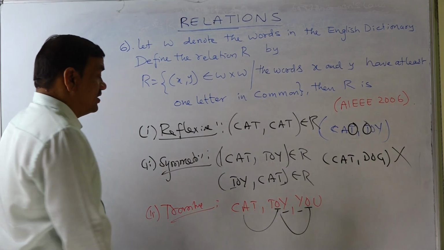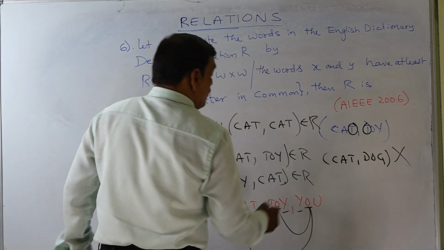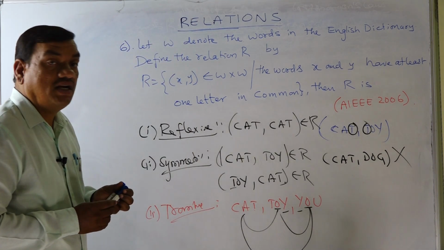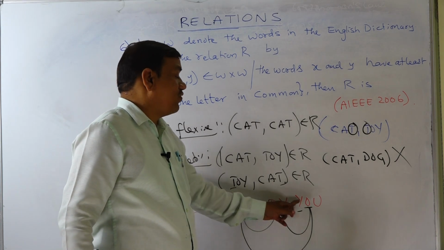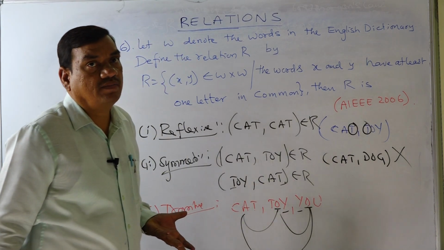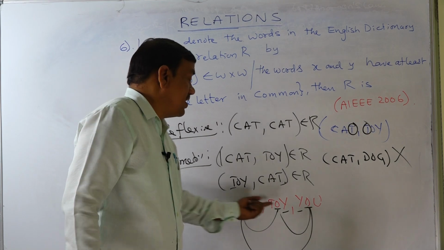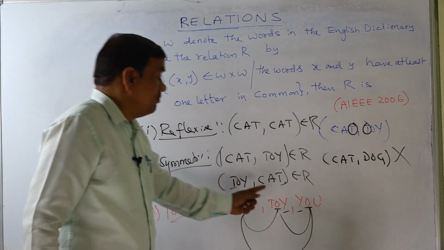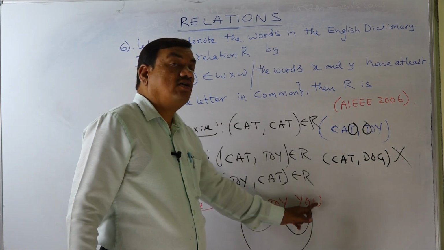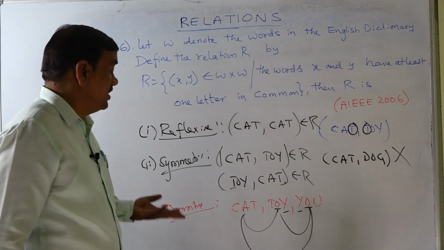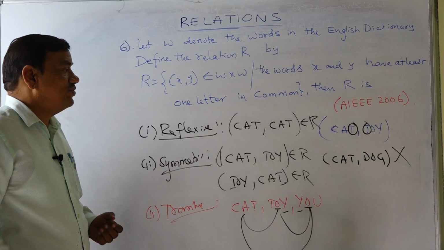But if you observe CAT and YOU, is at least one letter common? No, they are not common. That means (A, B) belongs to R, (B, C) belongs to R, but A is not related to C. Obviously, it is not a transitive relation.